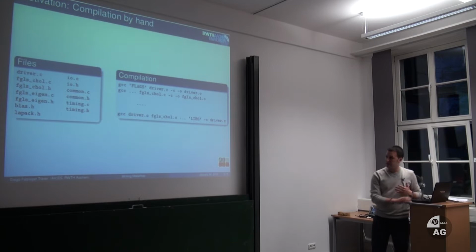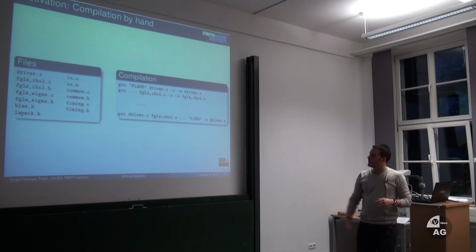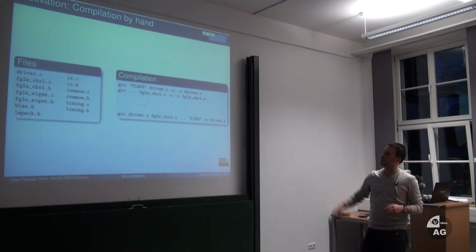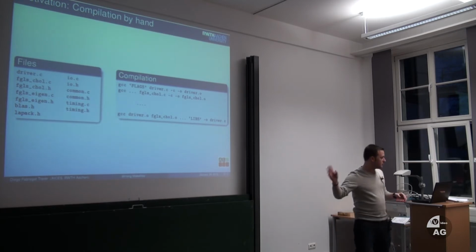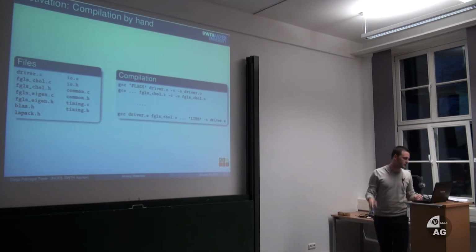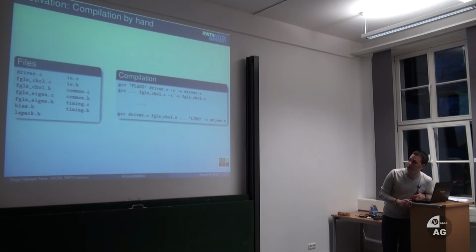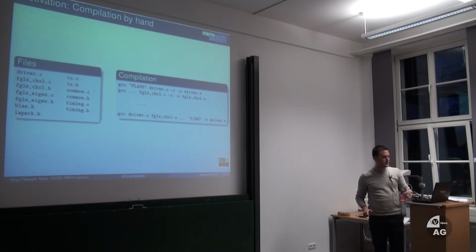So imagine this is your source code, you have a bunch of .c and .h files, so modules, fgls, chol, lski, eigen, input, output, a couple of headers with the libraries, BLAS and LAPACK, and then a driver file.